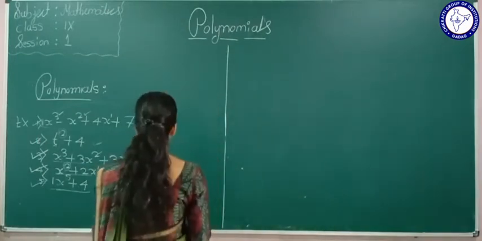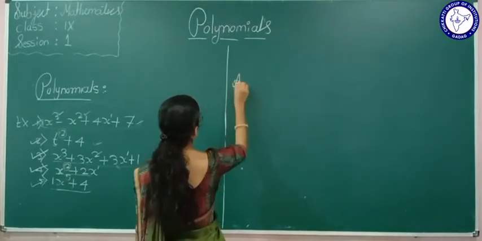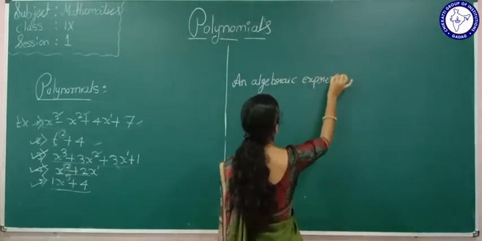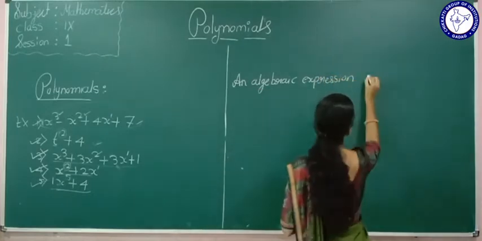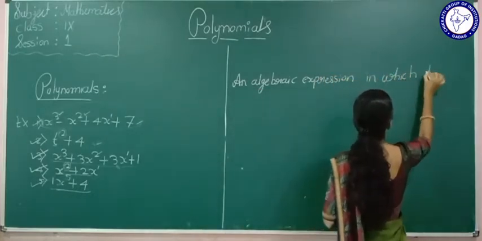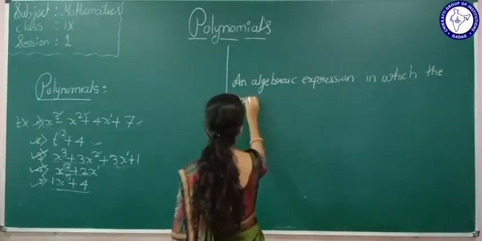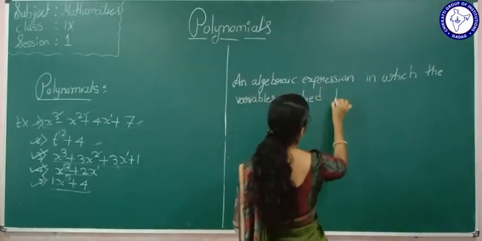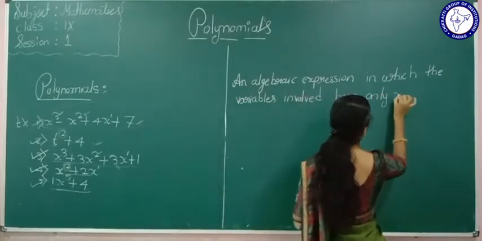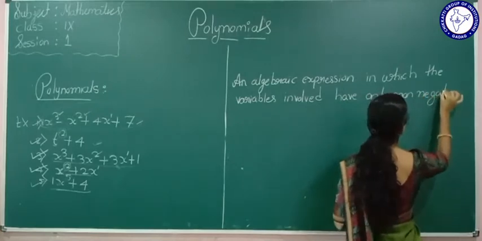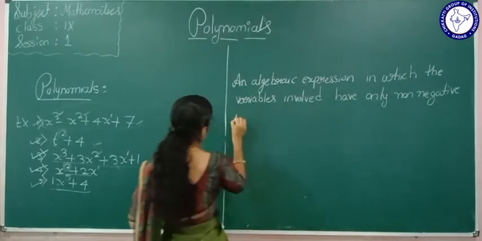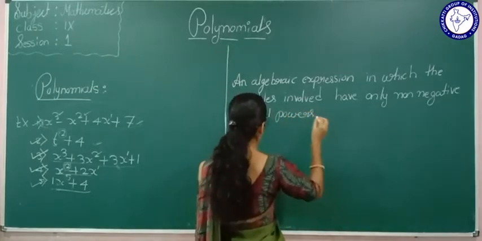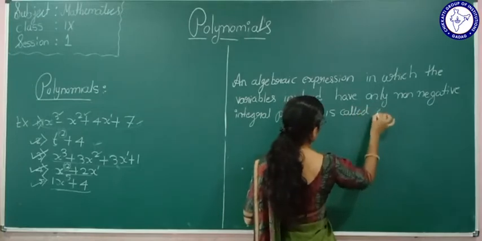Now we can write the definition of polynomial: an algebraic expression in which the variables involved have only non-negative integral powers is called a polynomial.